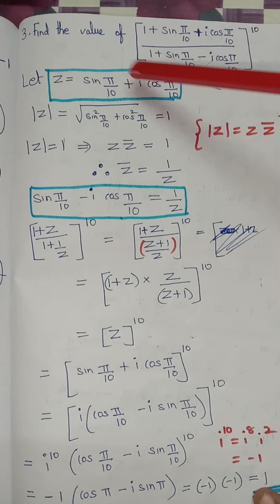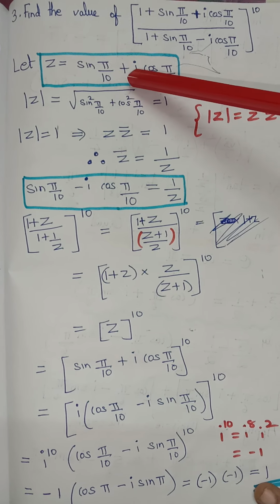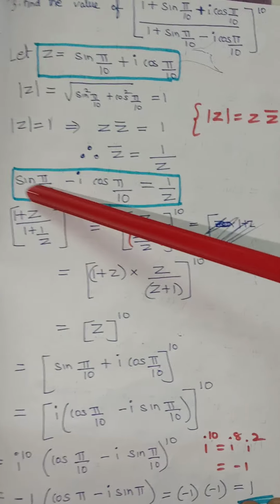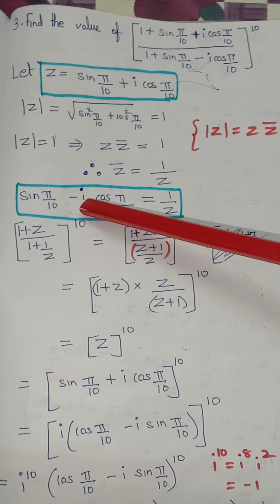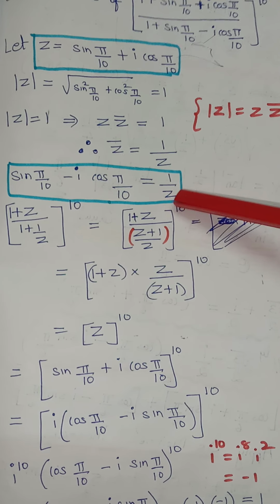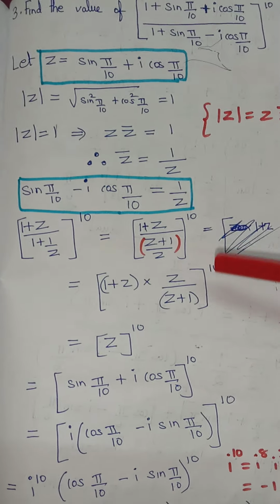If this is our z, then what will be z conjugate? I told you, conjugate means for the imaginary portion you have to change the sign. So our z conjugate is sin π/10 − i cos π/10, that I am writing as 1 by z. Now these two assumptions we have to substitute in the given question.